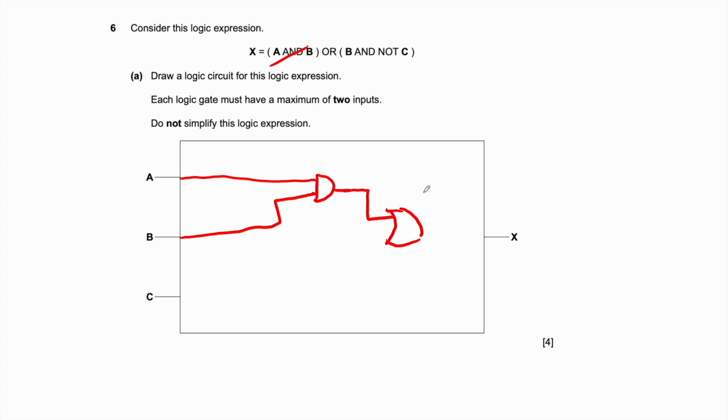So A and B, or, then you have B and not C. So we're not quite going to read this in order, but we're going to have B coming up here, like this, into an and gate.